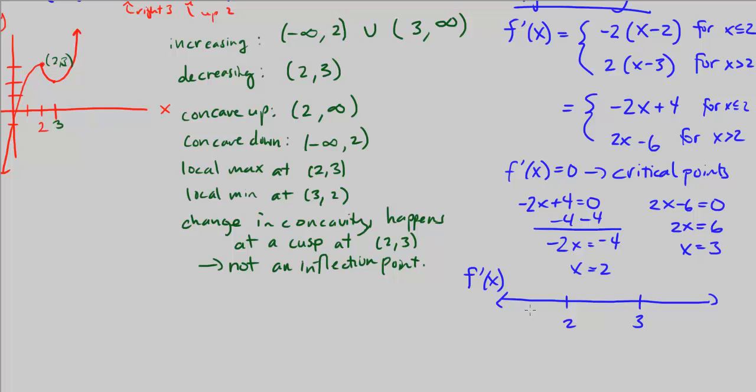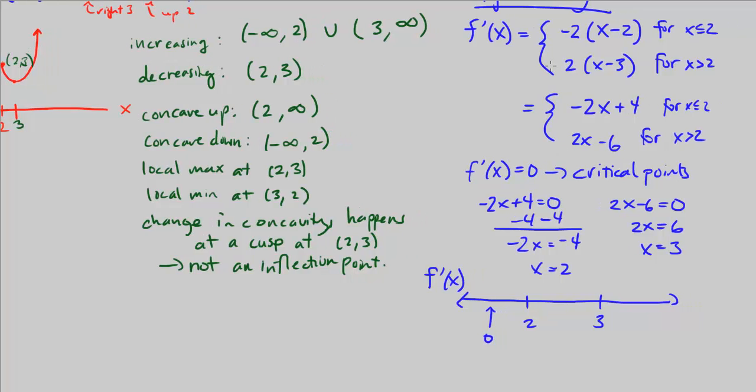So we pick any point to the left of 2. I'm going to pick 0. Okay, so we're going to plug 0 into f prime of x. So 0 is less than or equal to 2, so we're going to plug it in here.